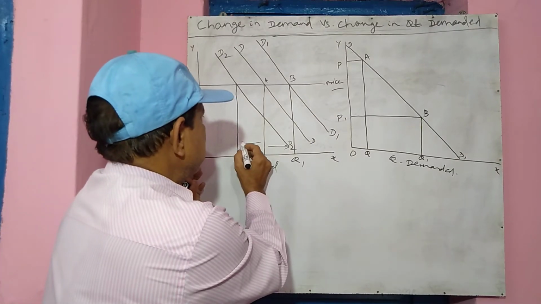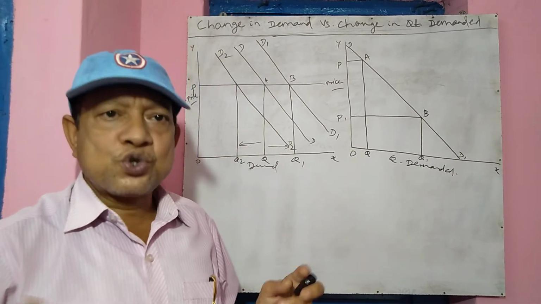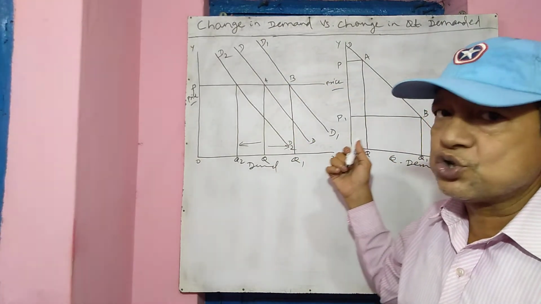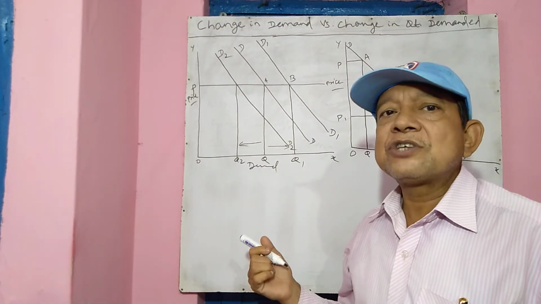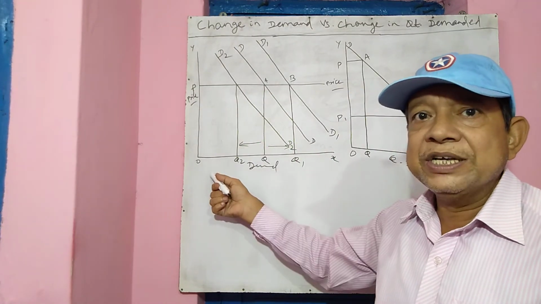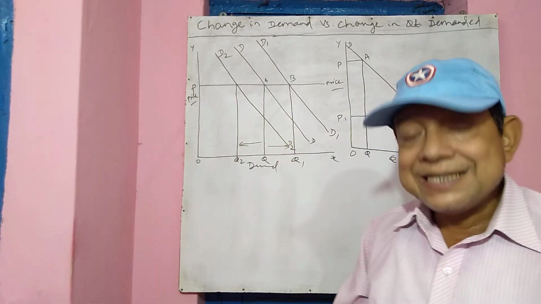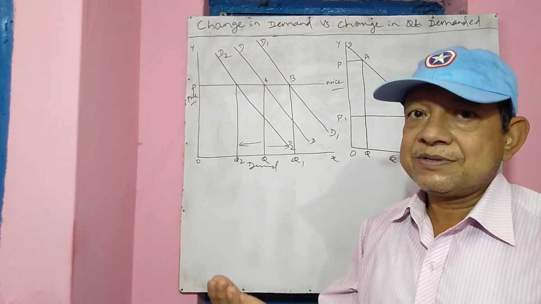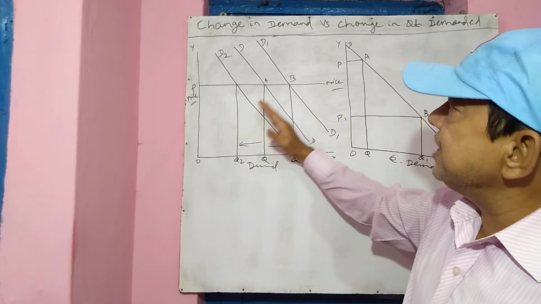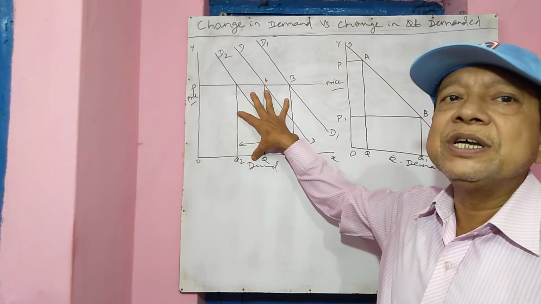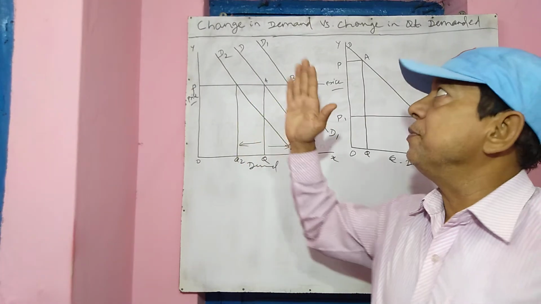So here expansion or contraction of demand we show through different demand curves. The same demand curve we cannot use to show the expansion or contraction of demand, because here price is constant. Price doesn't change. Only the other variables except price change. Therefore, change of demand you can show in different demand curves. Therefore, this is called change in demand or shift in the demand curve.